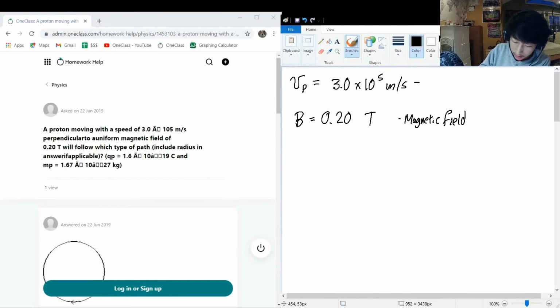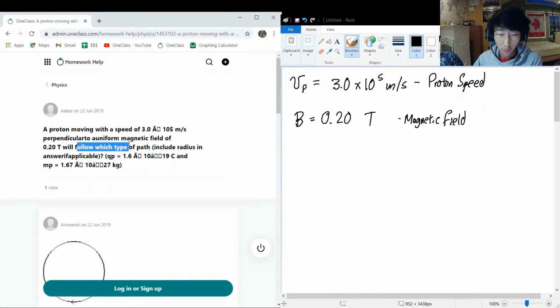And this is our proton speed. It will follow a circular path, because we know that charges moving through magnetic fields always follow circular paths, assuming that the charges are moving, that is.